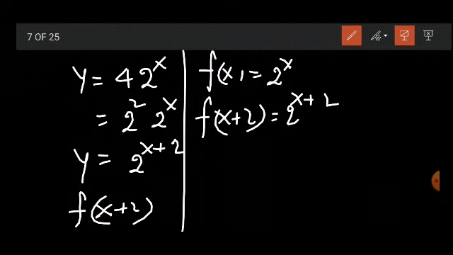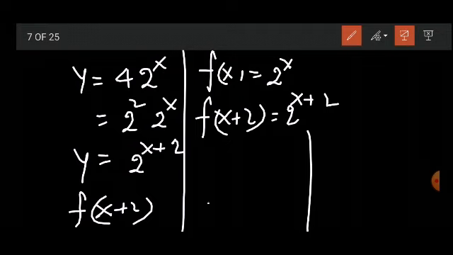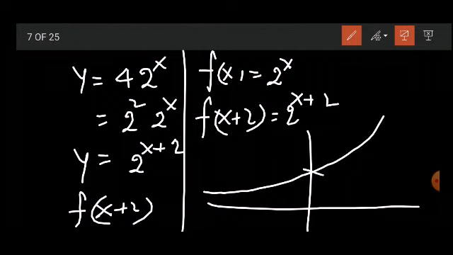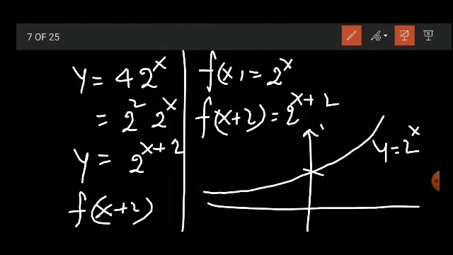So let's say we are interested to draw the graph of this. Let's say this is the 2 to the power x graph. This is y equal to 2 to the power x graph. This is the y-axis and this is the x-axis. Now we are interested to find 2 to the power x plus 2.